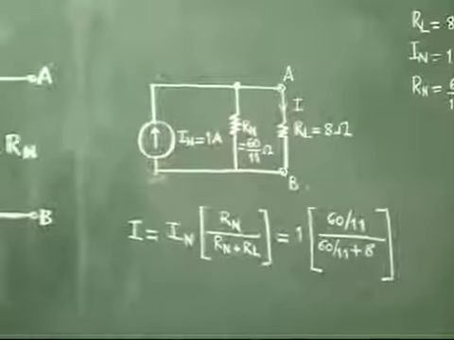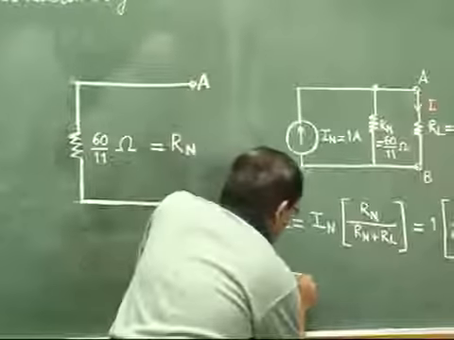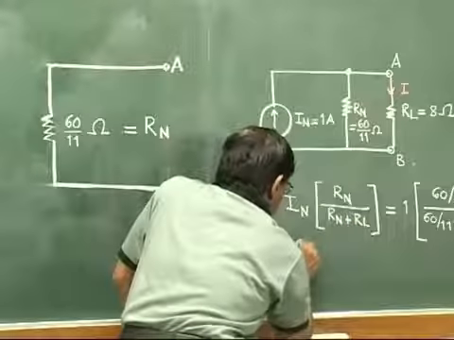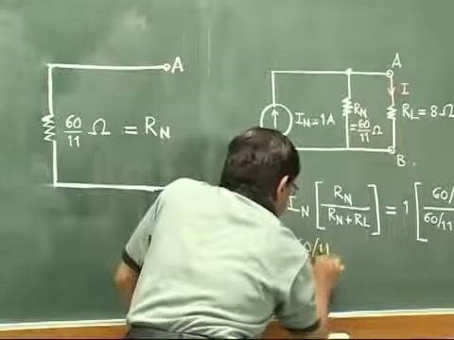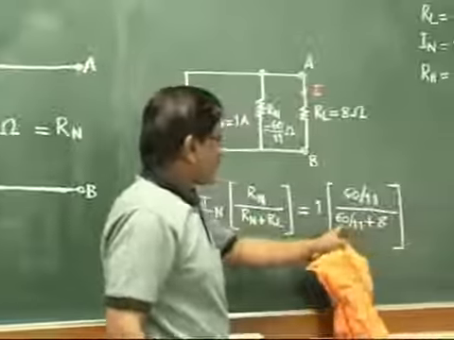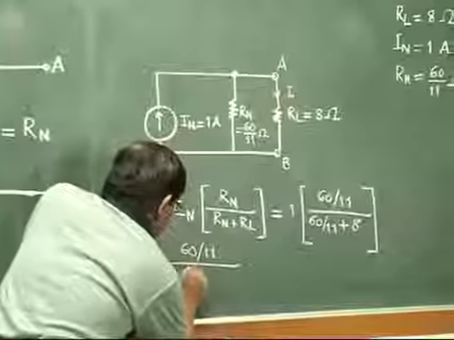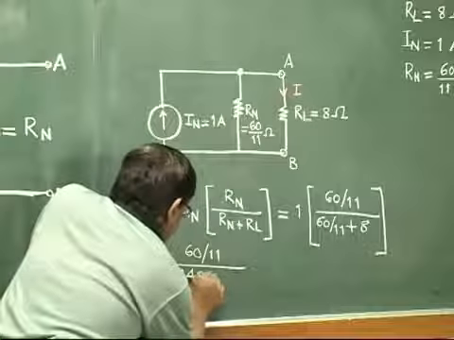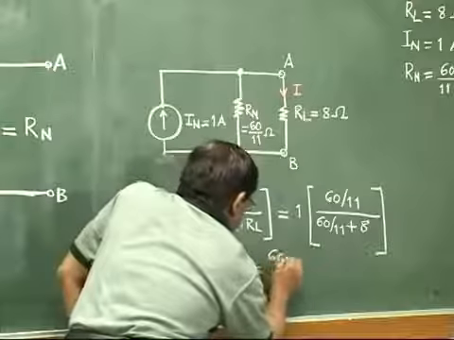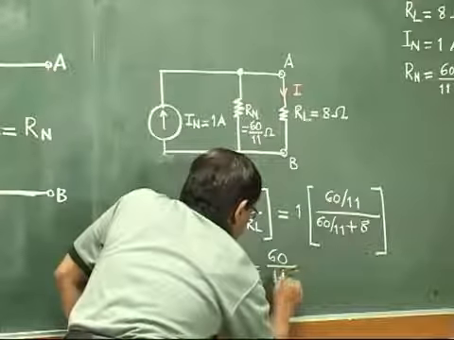So 1 into 60 by 11 is 60 by 11, and in the denominator this sum will be 88 plus 60, so 148 by 11. So finally it goes to 60 divided by 148.